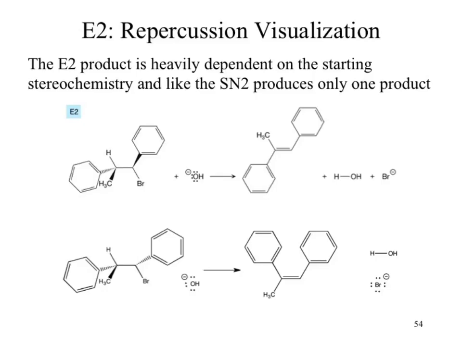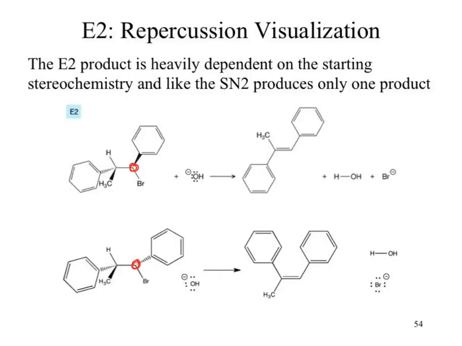The reason we end up with cis and trans as products is because our starting materials are different. If we compare those two structures, they have different chiralities about that carbon. They're both anti as well, and they're both in that anti-conformation, allowing us to form that double bond. So you must be anti.